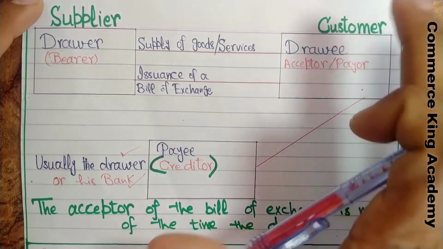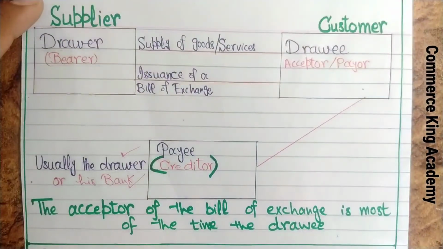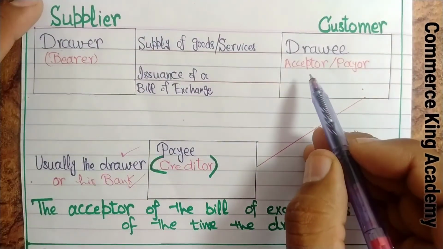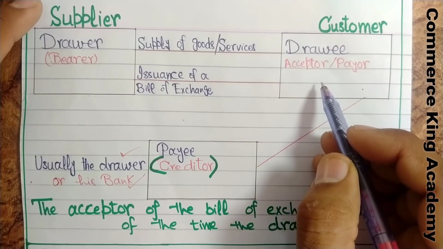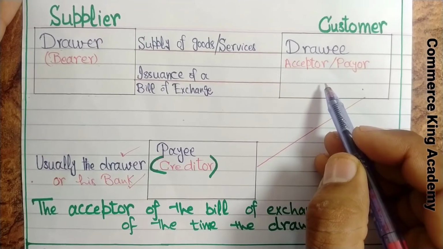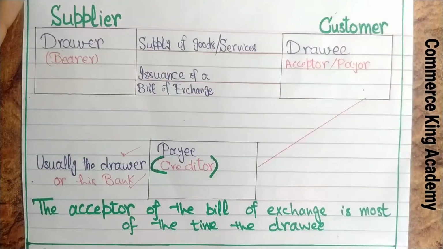After acceptance, the drawee becomes the acceptor and engages himself to unconditionally pay the bill on or before its maturity date. The bill of exchange becomes a legal document only after acceptance.